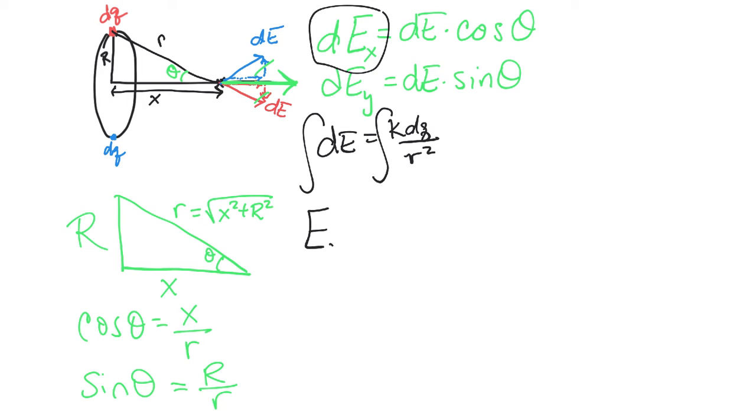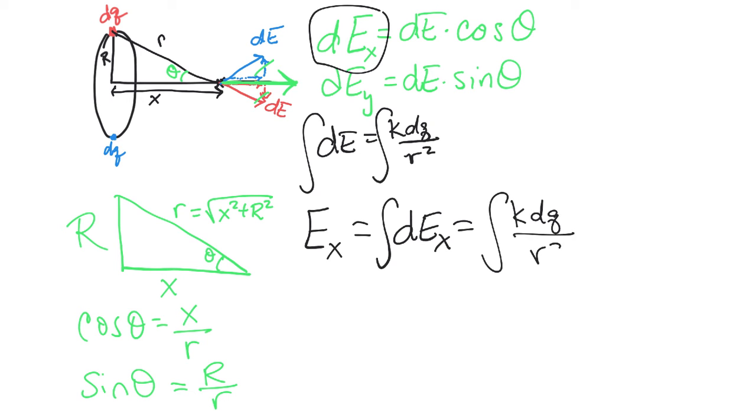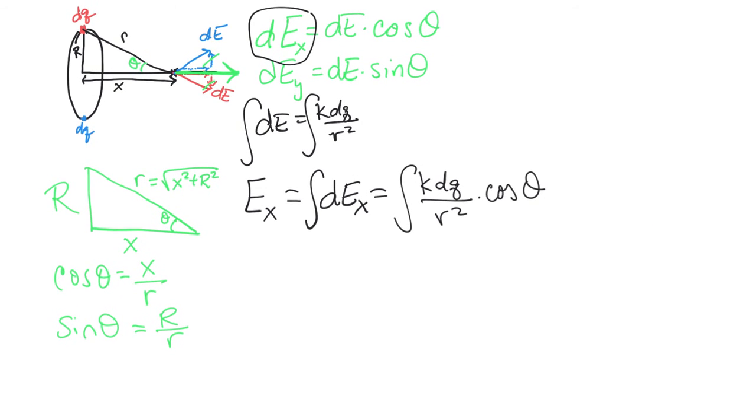The electric field at that point is E sub x, the integral of all the dE sub x's: k dq over r squared times cosine theta. Now, let's keep going. We said down here that cosine theta was just x over r.